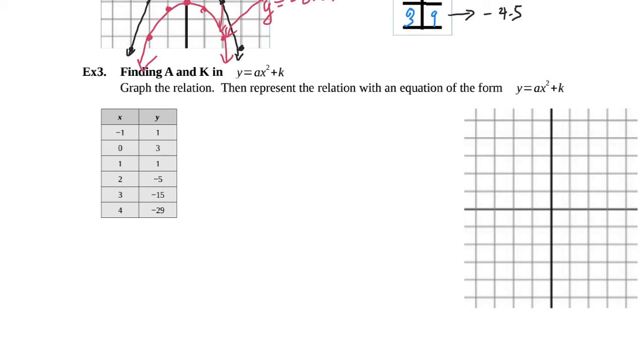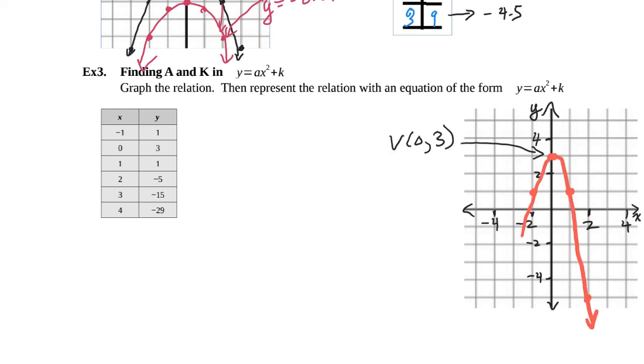What we need to do is we need to make sure that we graph all the points. So now plotting our points, we have something that looks like this. So based on this, we're going to get a graph that looks like this. And you'll notice that the vertex is at 0, 3. Now, I told you that with our basic equations, that 3 is very important in this basic equation.